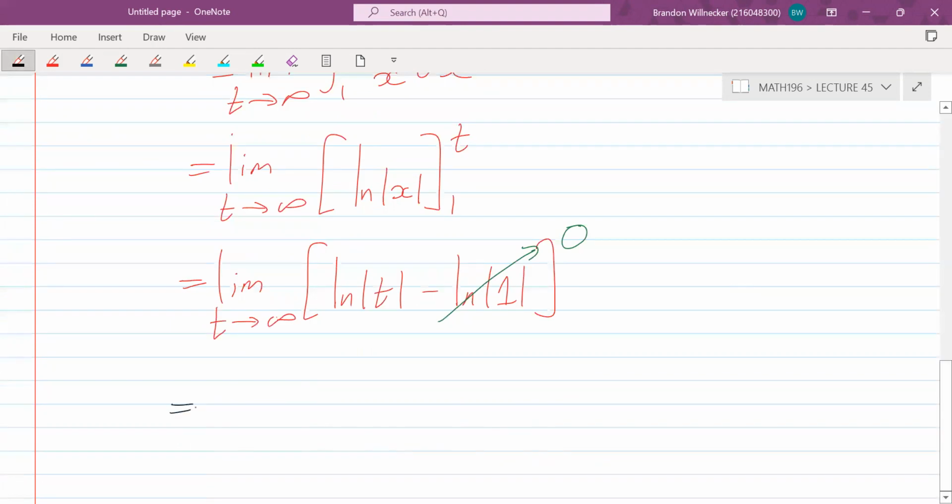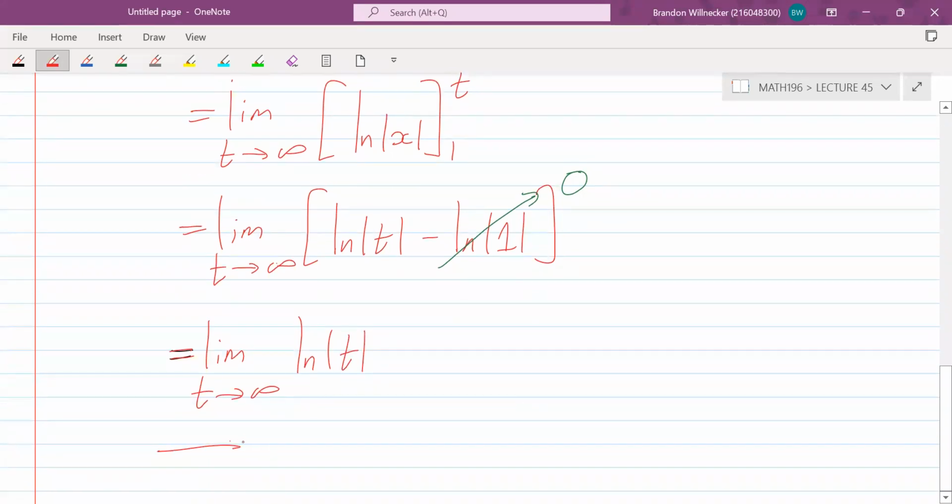So we're just left with the limit as t goes to infinity of the natural log of t, but this diverges. This goes to infinity. So the integral from 1 to infinity, g of x dx, diverges.